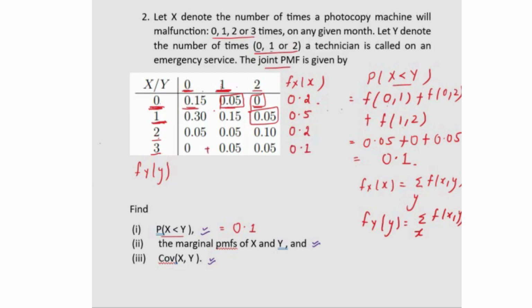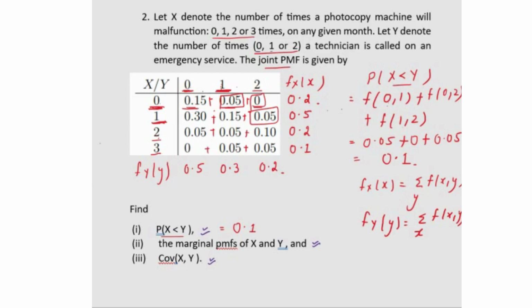So simply add these values. Here row wise we have to add in order to compute fx of x. In order to compute fy of y, we have to add column wise. So the first one is 0.5, the second is 0.3, and this is 0.2.